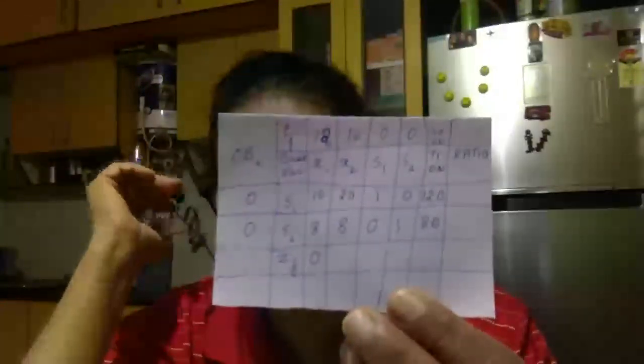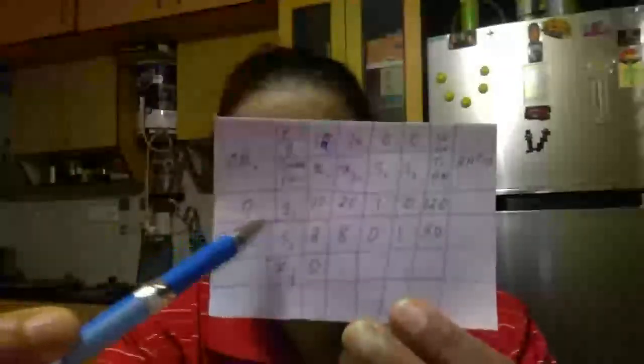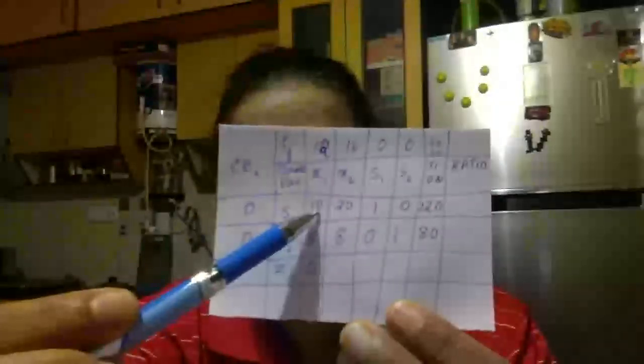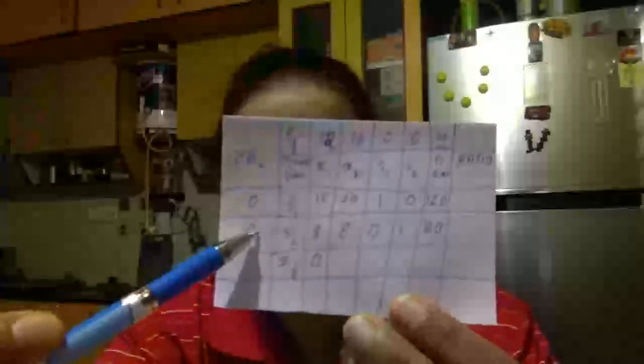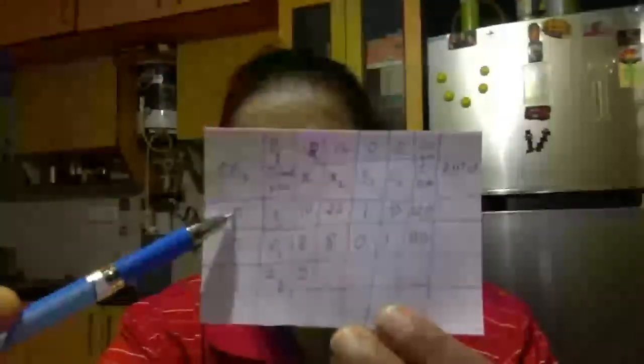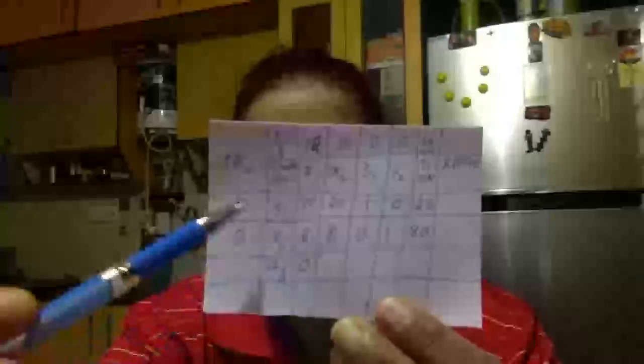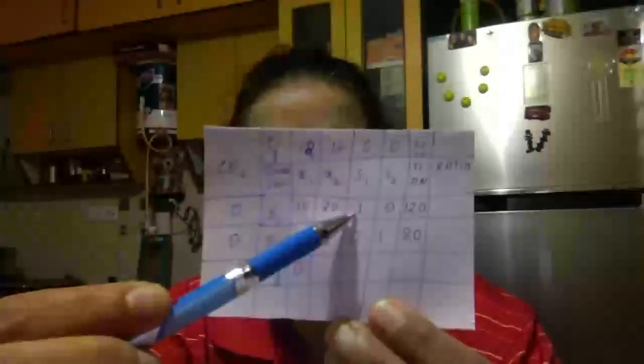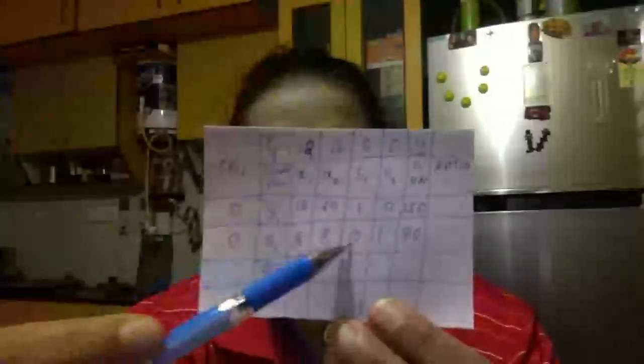So all understood? 0 into 10 plus 0 into 8. What will the next be? 0 into 20 plus 0 into 8. The next one will be 0 into 1 plus 0 into 0. And the next one will be 0 into 0 plus 0 into 1.